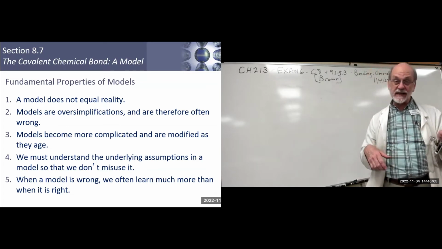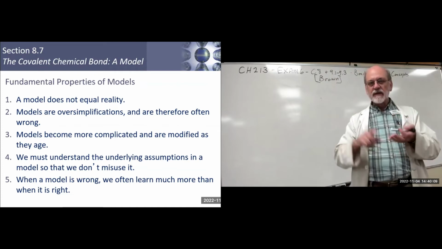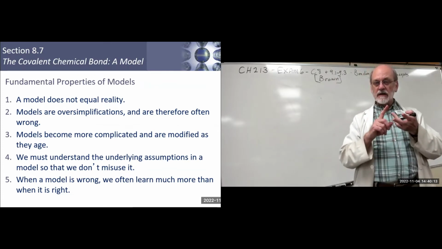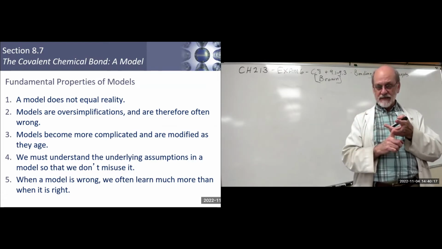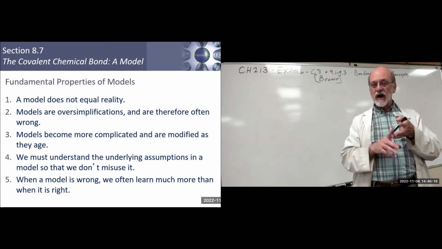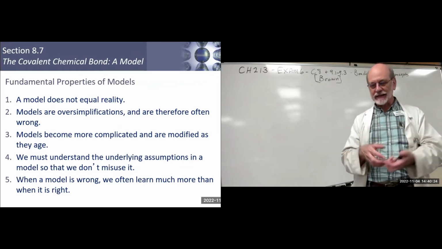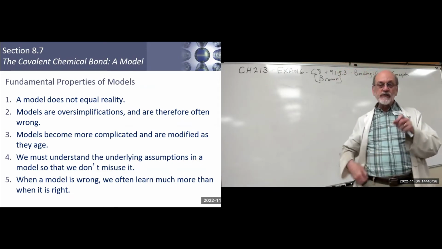I'll talk about that in a second also. So the model's not reality. It's an oversimplification. And over time, we add factors in. As a general rule, the model becomes modified with age and becomes more complicated.